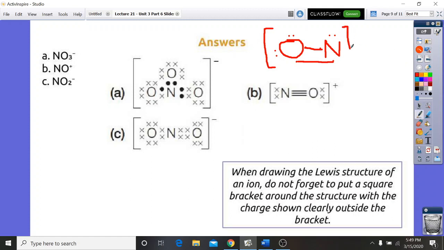So now I put brackets and a plus sign to show I took one away, and I recount. So 1, 2, 3, 4, 5, 6, 7, 8. Oxygen is complete, nice and happy. N has 1, 2, 3, 4, 5, 6 only. What do you think we should use in order to complete it? A coordinate bond.